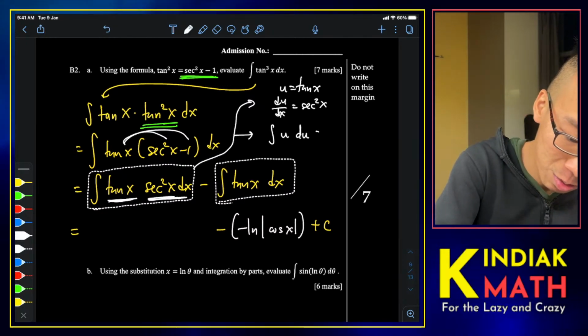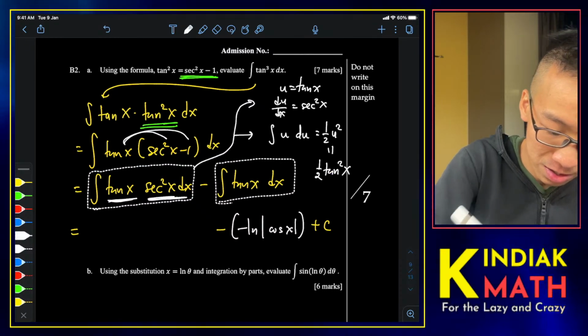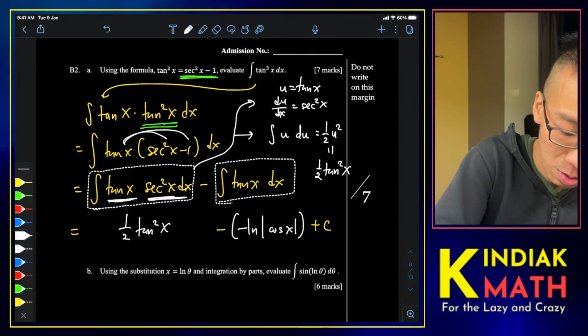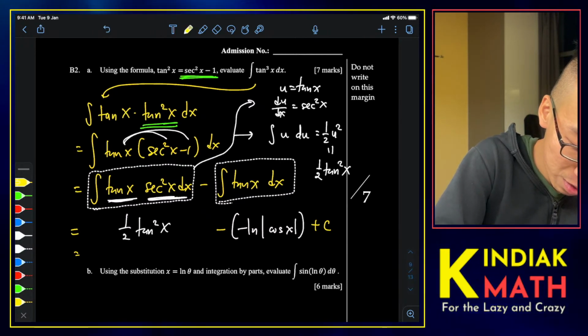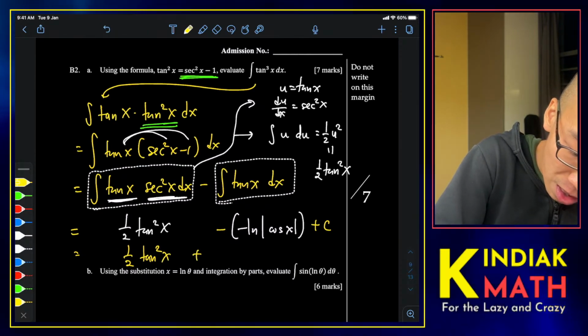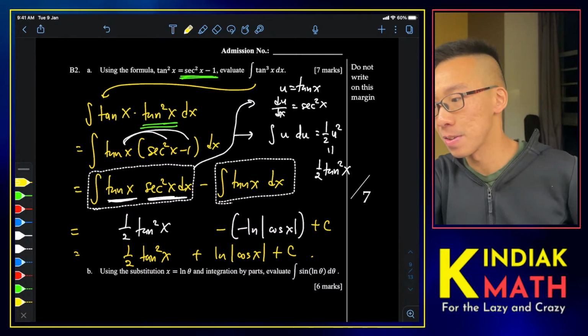Okay, which simplifies to half u squared, which is just half tangent squared x. And that is actually this component over here. So let's simplify. And that is the answer.